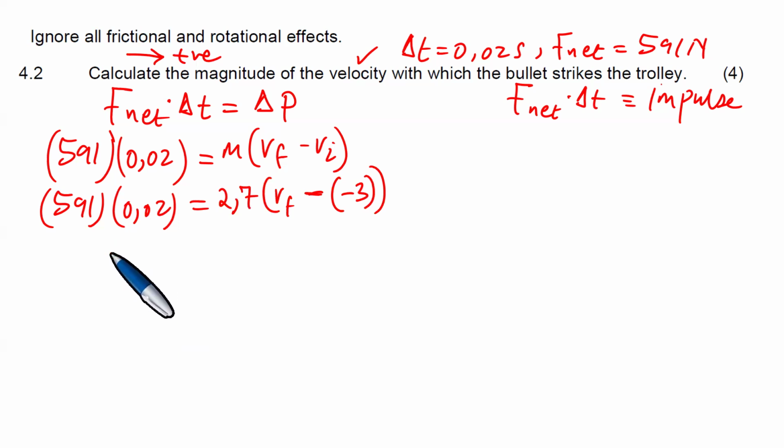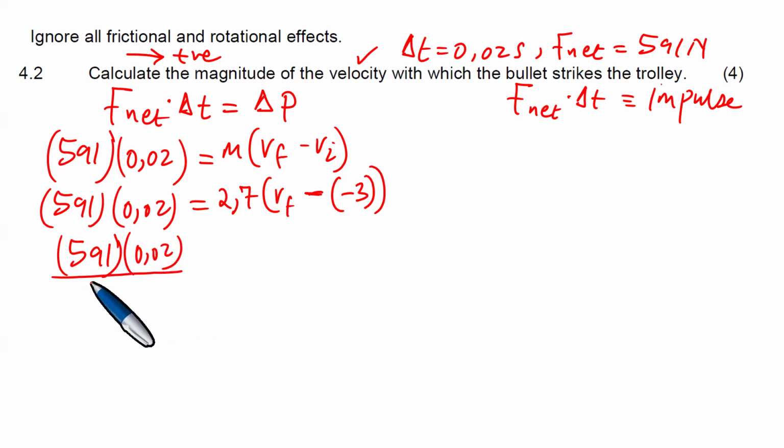Let us check this quickly. You can do 591 times 0.02, divided by 2.7, which equals V final plus 3.